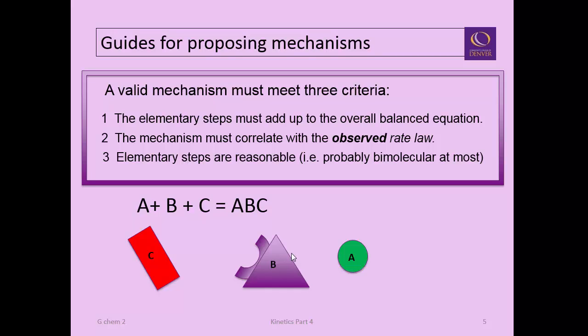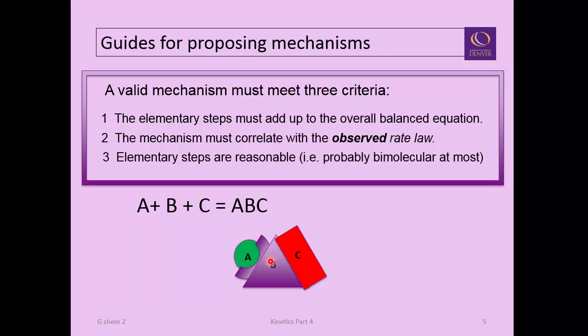Well, you can think about the probability of that happening. A is going to go around and find B, and that has a certain level of probability. And C finding B has a probability of happening. And overall, if that was done in one step, you can see that the odds of both A and C snapping into place at the same time are kind of going off the charts.